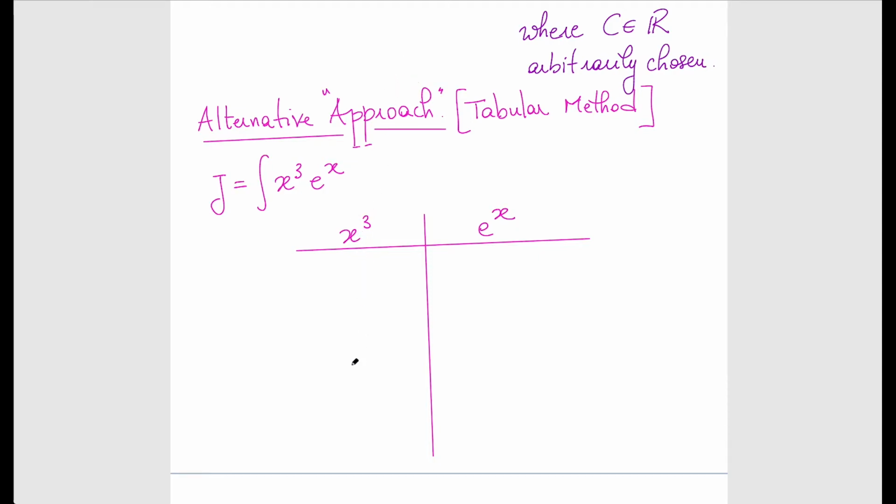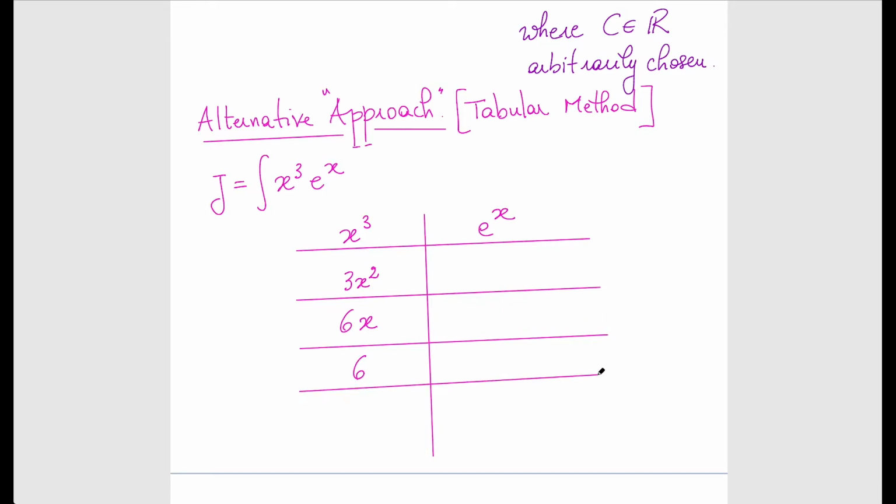So this side we're gonna differentiate this function all the way to annihilate it. Because if you differentiate x cubed, eventually you're gonna reach 0, right? So differentiated 1 time, you get 3x squared. Differentiated another time, you get 6x. Differentiated a third time, you get 6. And differentiated the last time, you get that 0 that I was talking about.